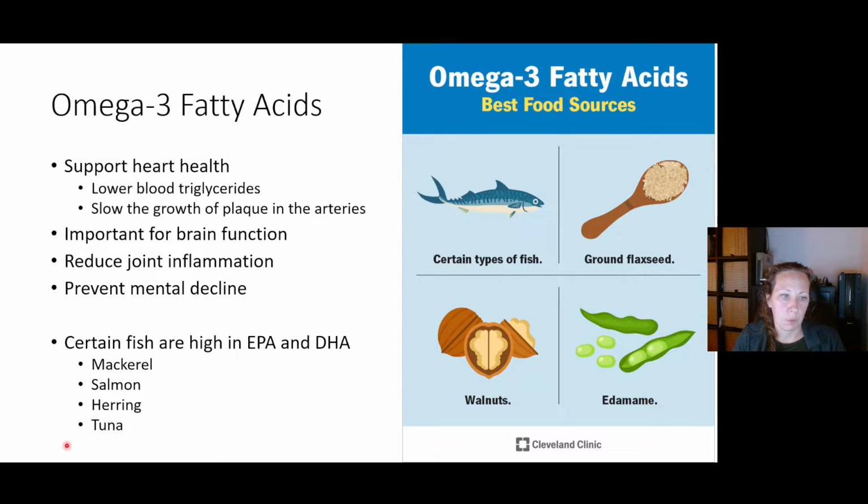So this is bluefin here. Albacore has a little bit less, and light canned has even less than that. Omega-3s can also be found in those other foods that I listed for linolenic acid, so flaxseed, walnuts, edamame.